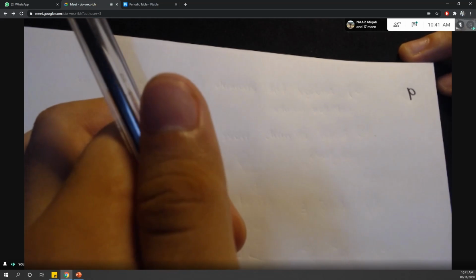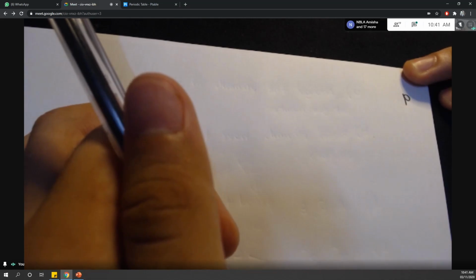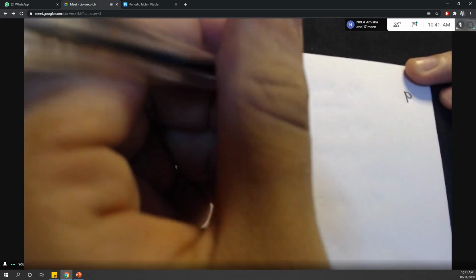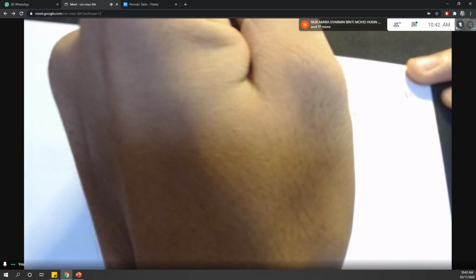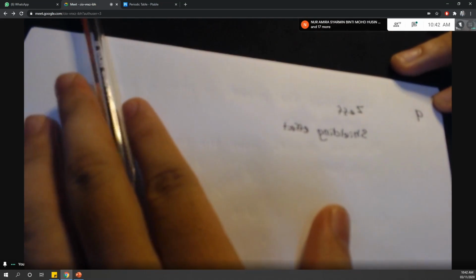So kalau atomic radius, apa yang affect atomic radius? Ingat tak? Kita ada dua je. Kita ada Z effective dan kita ada shielding effect. Tak nampak? Okay, dah.